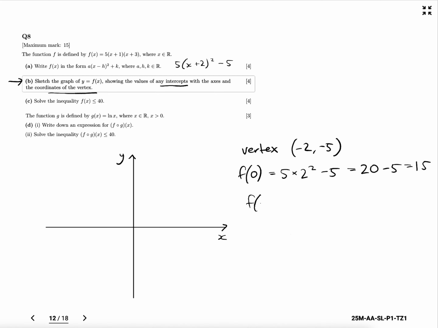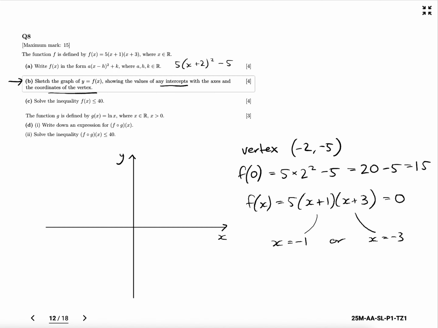So let's go back to the original form, which was this. And let's find out when that equals 0. So one case would be when x is equal to minus 1, or when x is equal to minus 3. So these are the two roots of the equation.